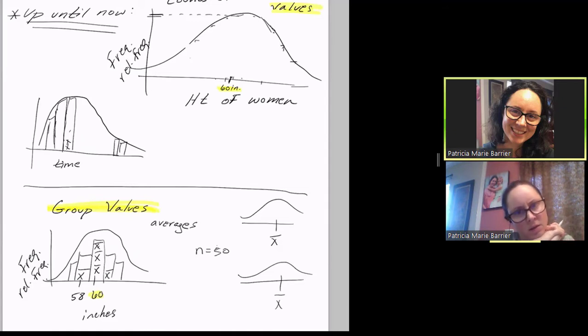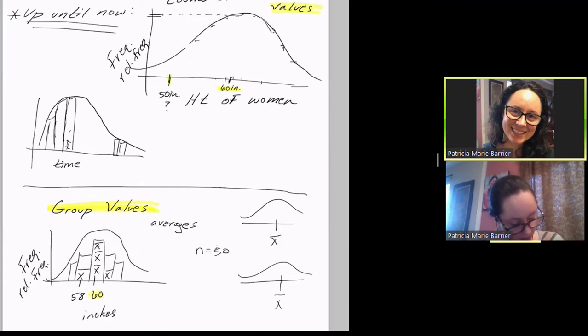Would it be more unheard of to have a woman who is 50 inches tall, not even having to care that much about the standard deviation, just thinking conceptually for a moment? Do you think it would be more possible or more reasonable to have someone, an individual, 50 inches tall?